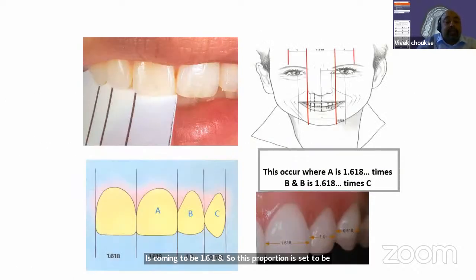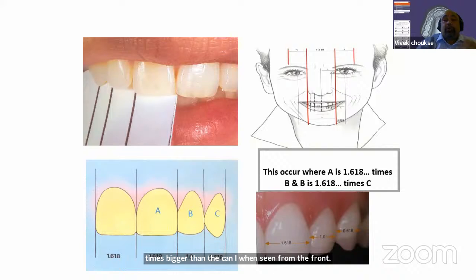So when we apply this golden proportion to the teeth, as we can see in the lower picture, the width of the central incisor is 1.618 times bigger than the lateral. The lateral is 1.618 times bigger than the canine when seen from the front.